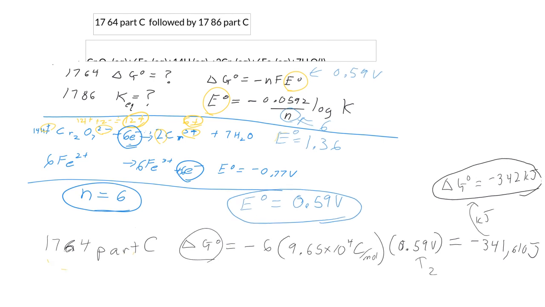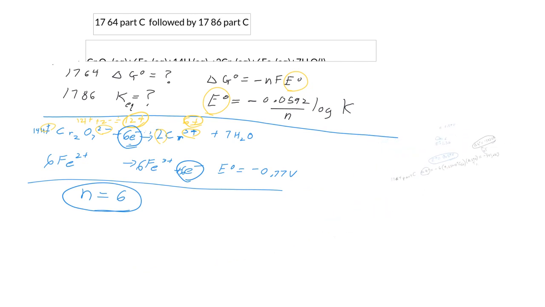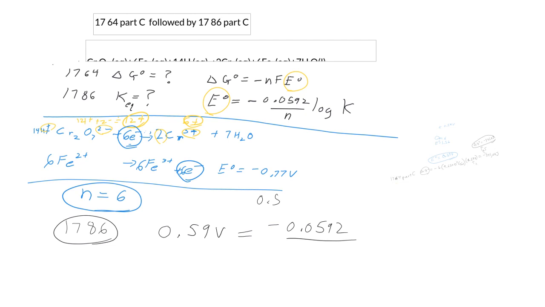Next cutesy step we're going to do is 1786, part C. Here, we've got 0.59, again, the voltage from our problem, equal to a negative 0.0592 divided by 0.597, right?